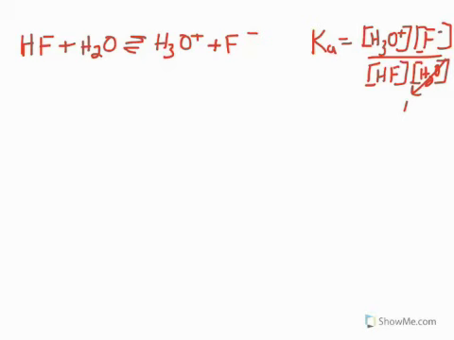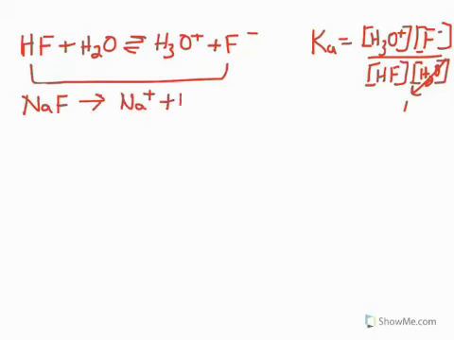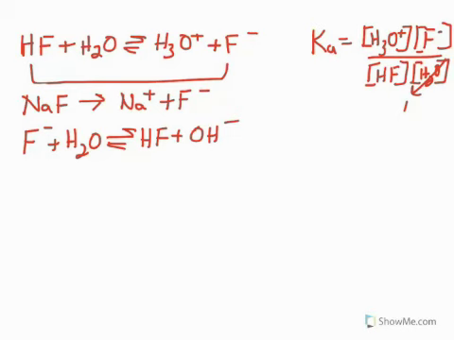Okay? So now the conjugate base also exists. If I'm looking at this acid-base system, F-, if I had a solution of sodium fluoride, NaF would go to Na+ and F-. This is a weakly basic salt. Then the F- plus H2O would react to give HF plus OH-, and that's acting as a base.